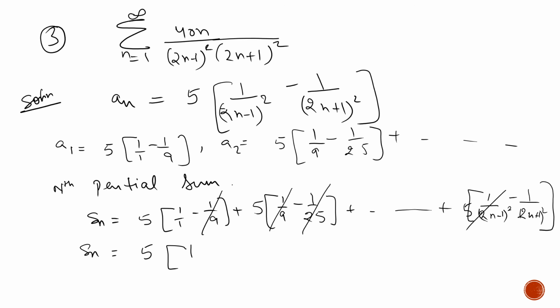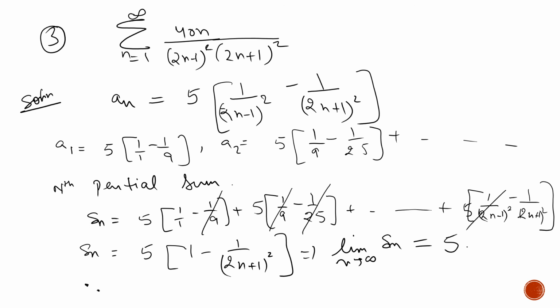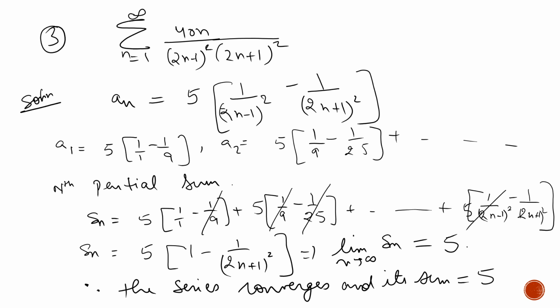So my Sn will be equal to this. When you take the limit of this Sn, it is equal to 5. Again, therefore, the series converges and its sum is 5.